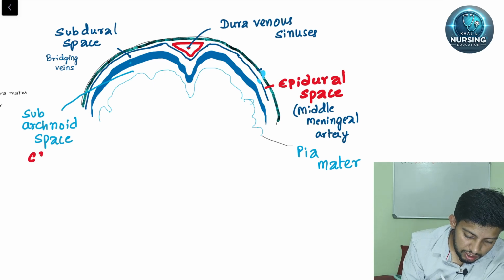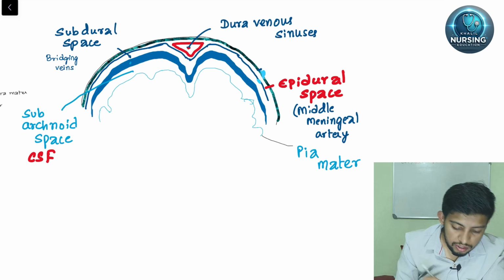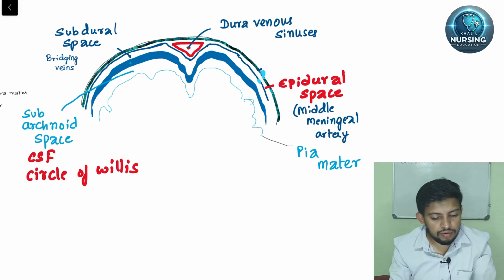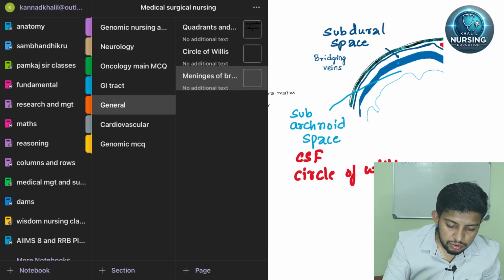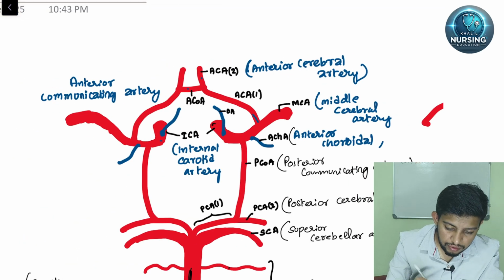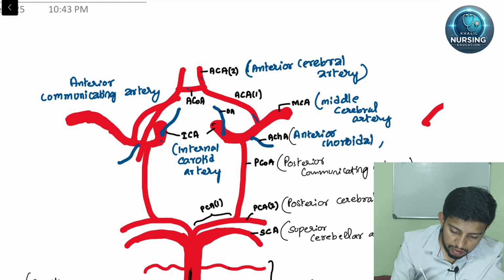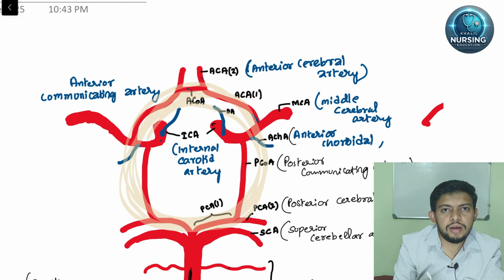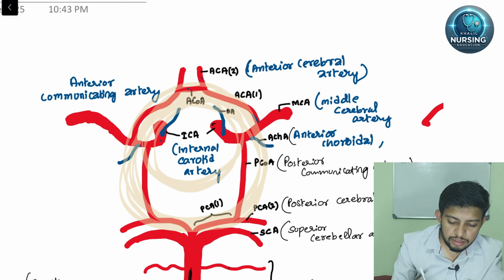Very importantly, CSF will be there, and also the circle of Willis. I already showed the circle of Willis, isn't it? This circle is present in the subarachnoid space.